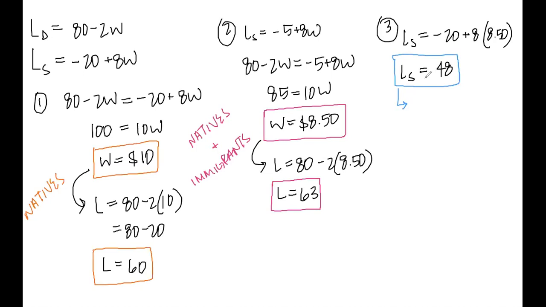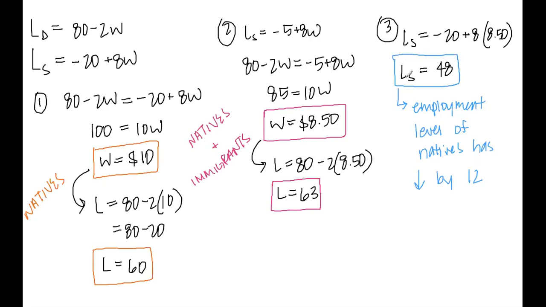But now we see of those 63 workers, 48 of them are native workers. So the employment level of natives has decreased by 12. Because we originally had 60 and now we're at 48. So the employment level has decreased by 12.